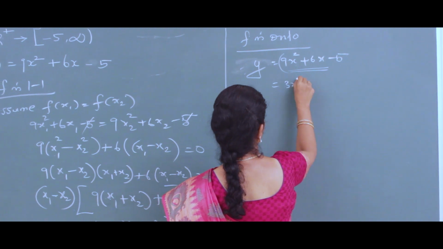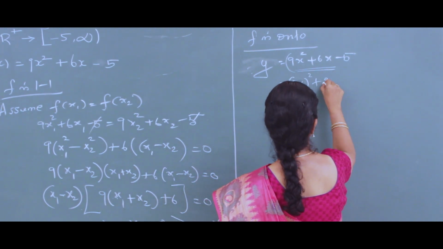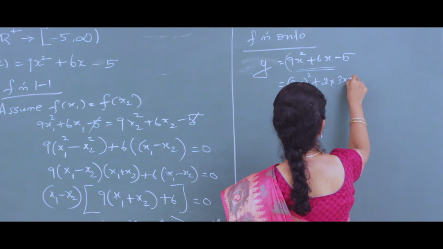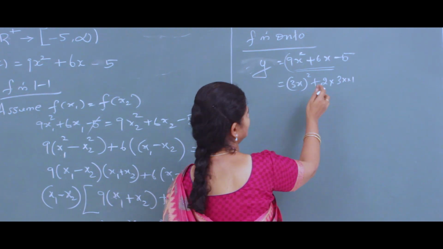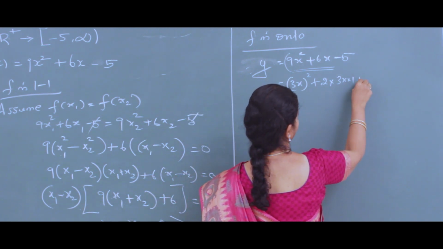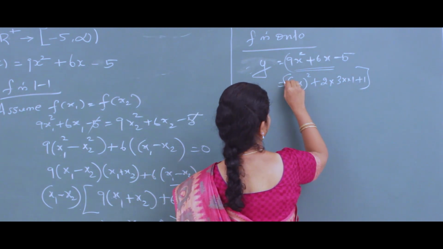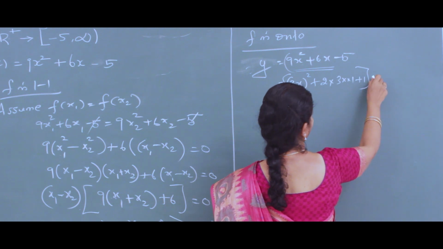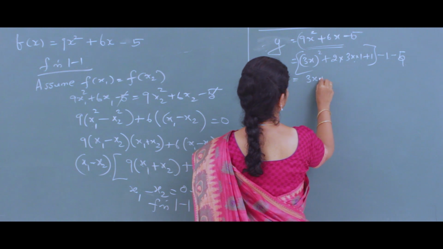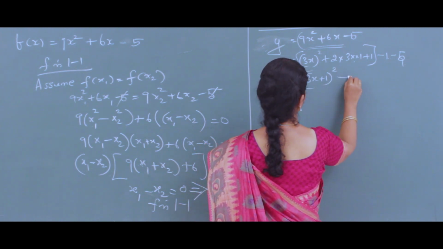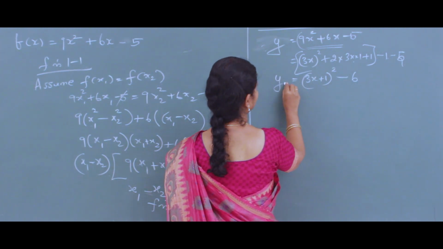So (3x) the whole square plus 2 into 3x into 1, the a plus b whole square formula. Then add plus 1, and to compensate subtract 1, so minus 5 minus 1. So y equals (3x plus 1) the whole square minus 6.